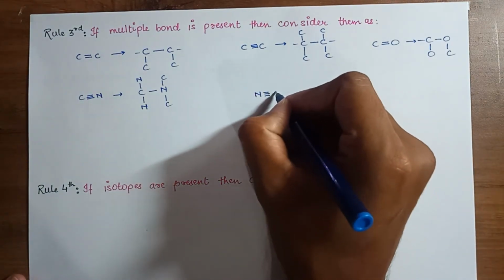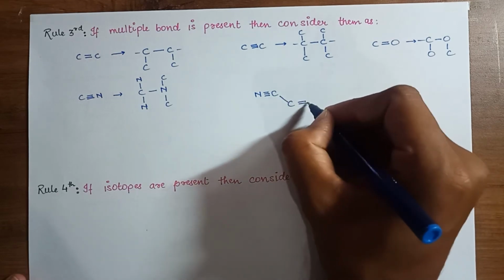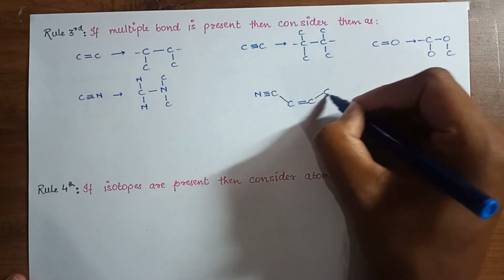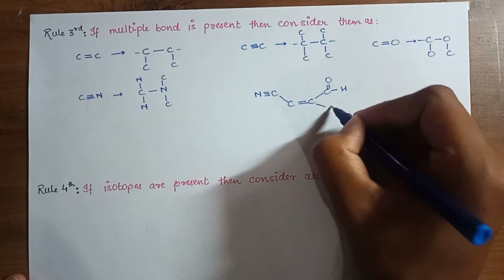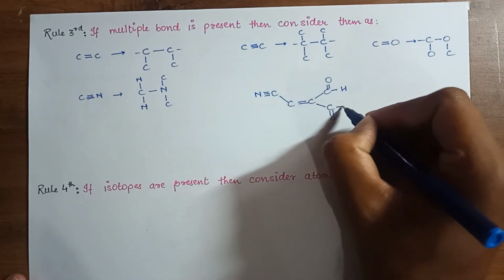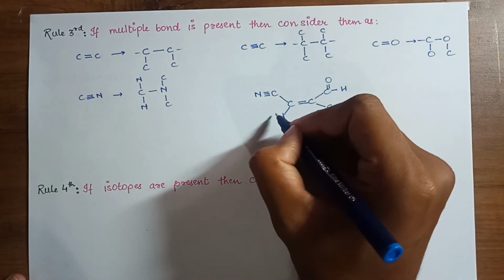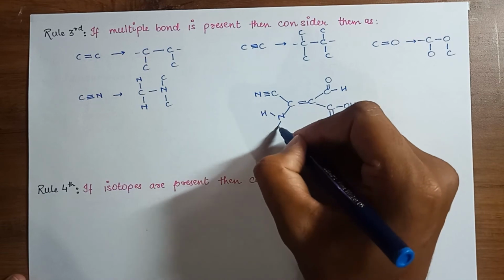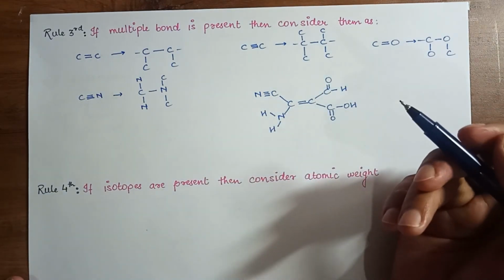N triple bond C, C double bond C, C double bond O, H, C double bond O, OH, N, H, H. Now first identify geometrical isomerism.